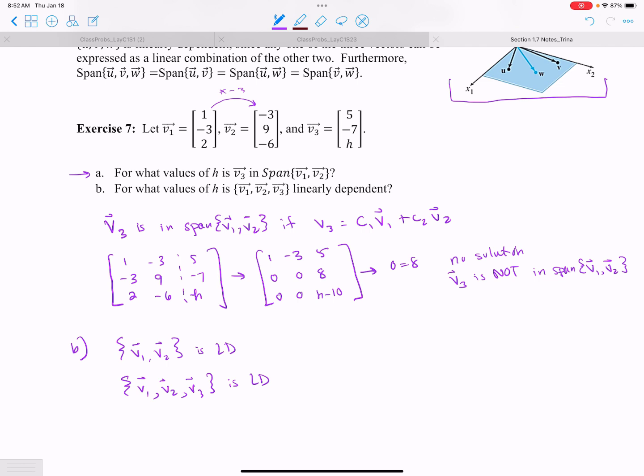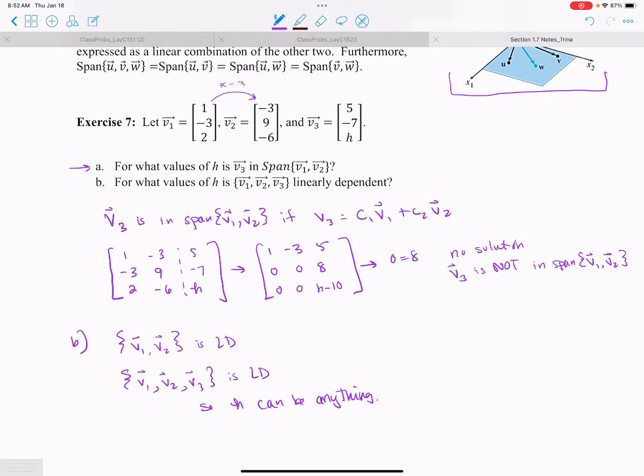So H can be anything. I would recommend, when thinking about things being linearly independent or not, to really take a few seconds and just see if you can see a linearly dependent relation. Like, are there any multiples? Can you add any together to get a third? So it's worthwhile to just make some observations first before diving into the matrix operations.